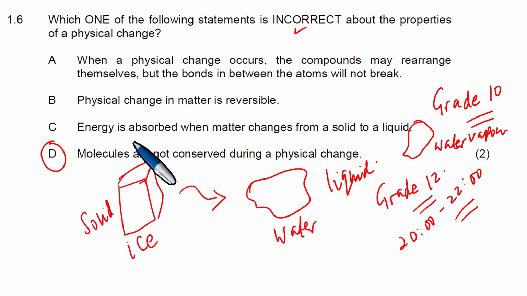The heat is what changes solid water to liquid water. And physical change in matter is reversible. You can change water from ice to liquid, and if you have liquid water, you can freeze it back to ice. This is reversible, which is a physical change.